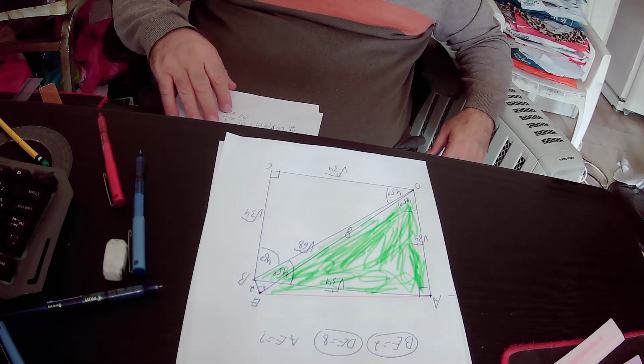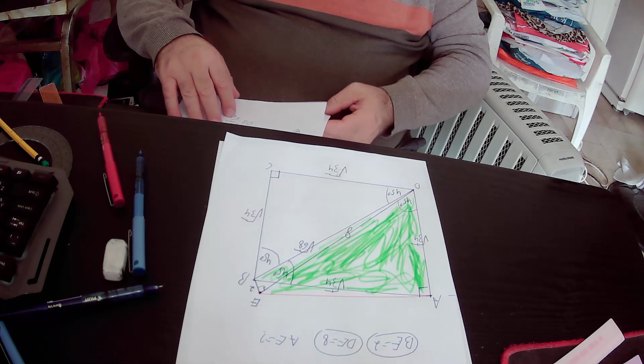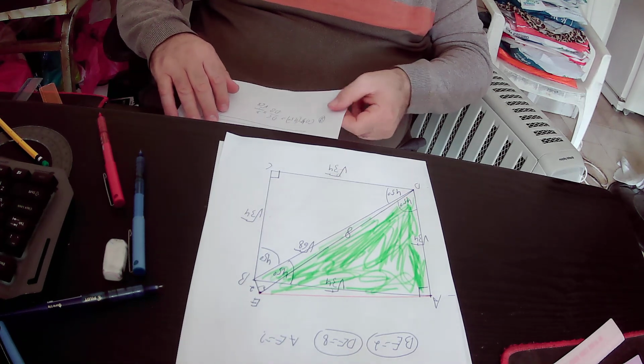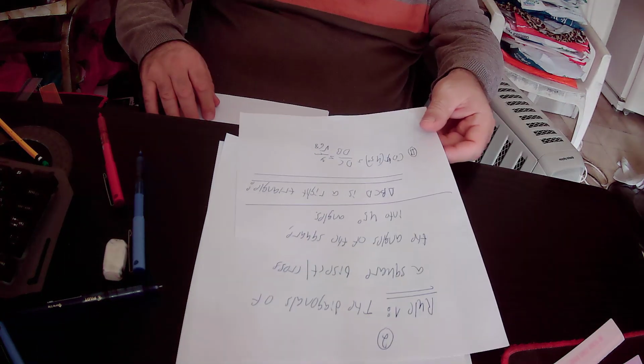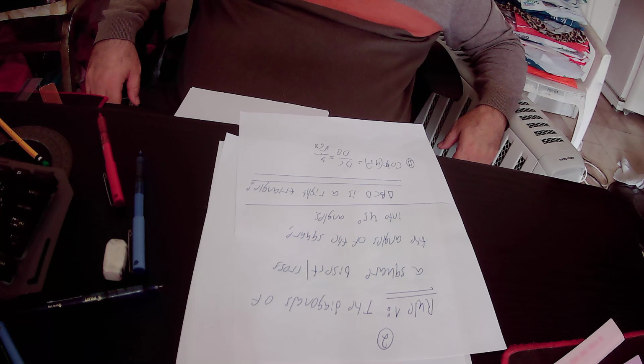Then I presented to you rule number 1. According to rule number 1, the diagonals of a square bisect the angles of the square into 45 degrees.